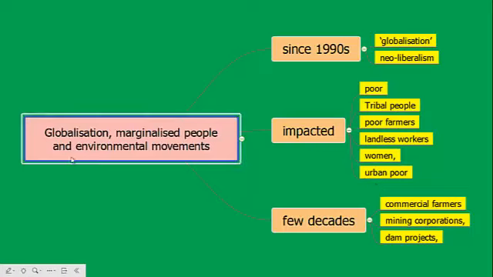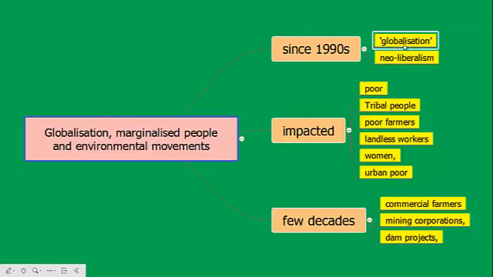Once again, I am repeating: globalization, marginalized people, and environmental movements. Since the 1990s, based on globalization and neoliberalism, most of the people of India, especially poor tribal people, poor farmers, landless workers, women, and the urban poor, which means the unorganized sector, will be affected and impacted. They are losing their employment.